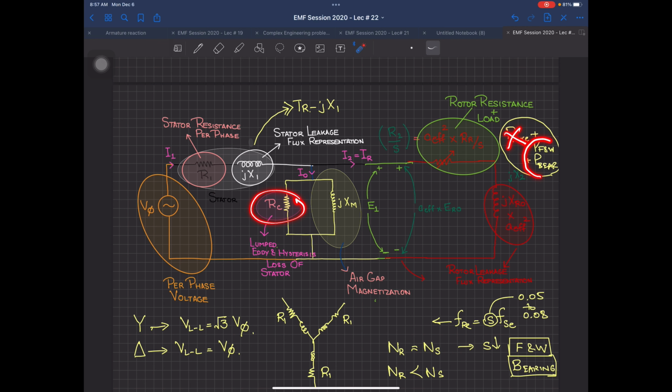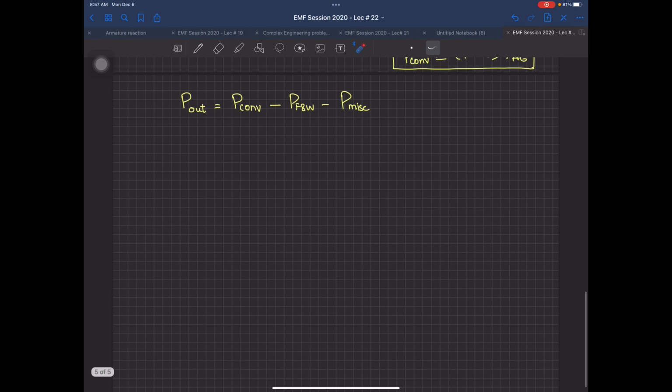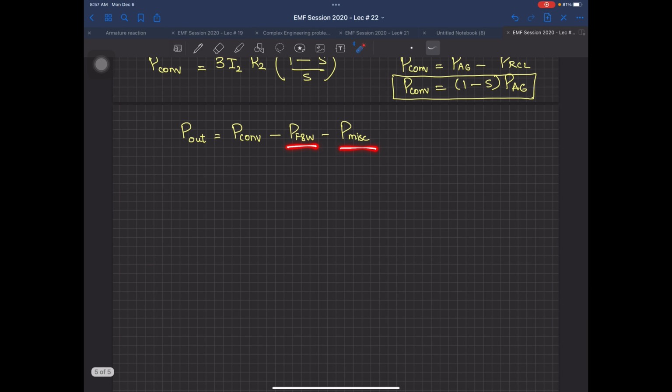So only P friction and windage plus bearing, which are miscellaneous losses or stray losses, they will be given to you as a constant value, and you can subtract them over here from P converted. So based on this, P out is now going to be your mechanical output power, that is the converted power into mechanical over here, this one.